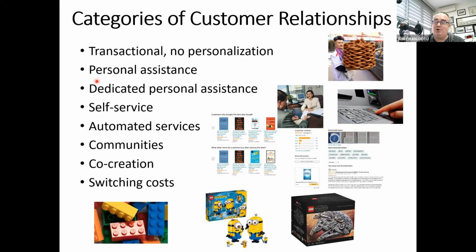So you want to make sure that the profit you're making from that customer group is enough to offset the cost of offering that personal assistance, especially if you have dedicated personal assistants. Personal assistants could simply be a call center, or a group of people that serve customers when they walk in. But with dedicated personal assistants, you have particular people that are always there to help you out.